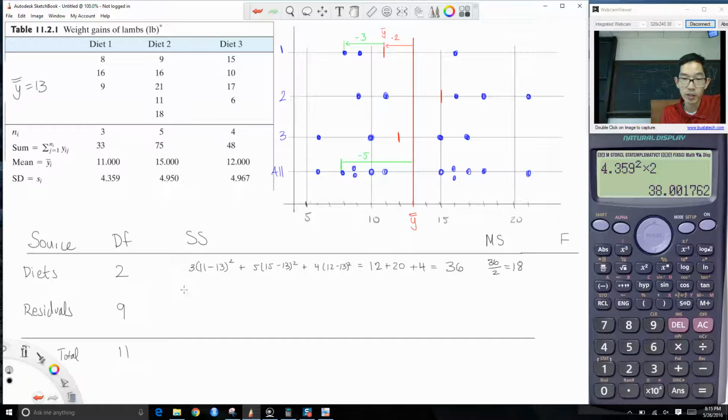For the residuals, I would do n minus 1 times s squared. So 3 minus 1 times 4.359 squared, plus 5 minus 1 times 4.950 squared, plus 4 minus 1 times 4.967 squared.